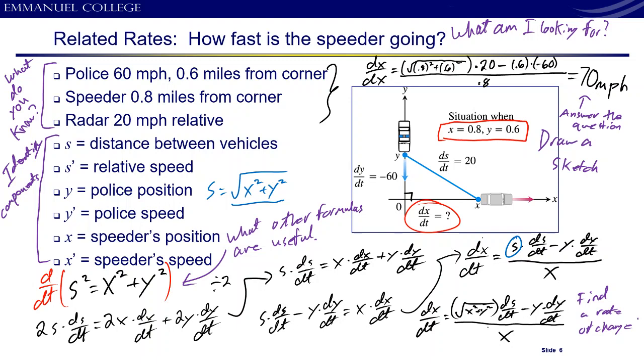Typically with related rates, that's what we're doing. We're looking for a particular rate of change. In this case, it was how fast the speeder is going. That was our rate of change. So this is the first example problem.